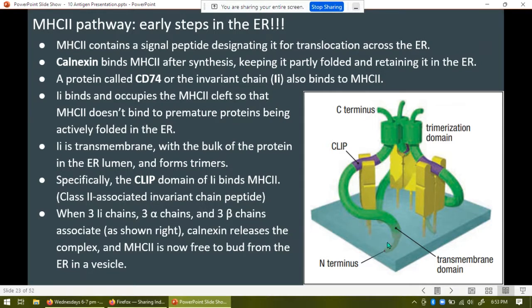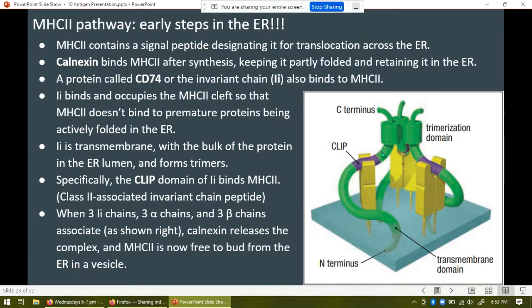CD74 looks something like this. It kind of looks like, I don't know, Jabba the Hutt's tail or something, or a lizard tail. It has this little peptide called CLIP that binds to the actual peptide binding cleft of the MHC2 molecule. CD74 is a transmembrane protein with the protein in the ER lumen, and it also forms trimers using a trimerization domain.